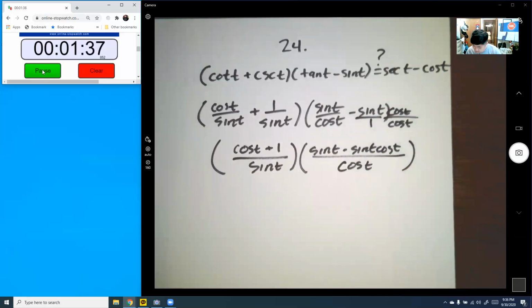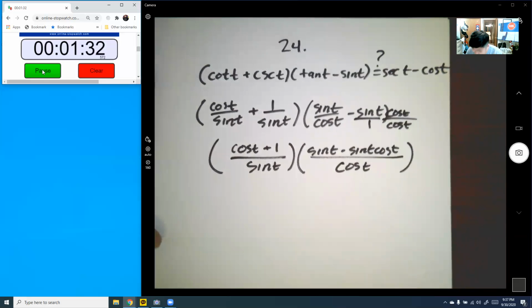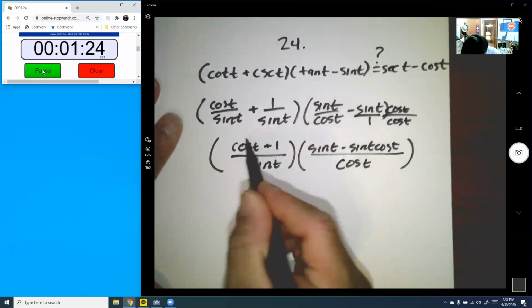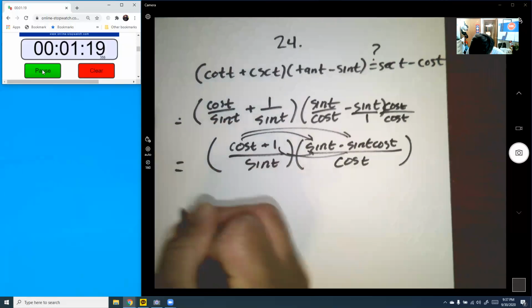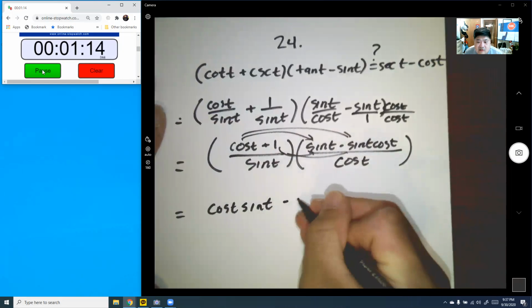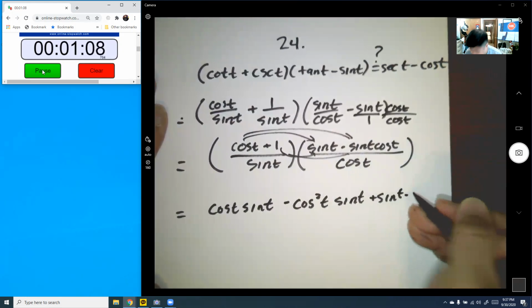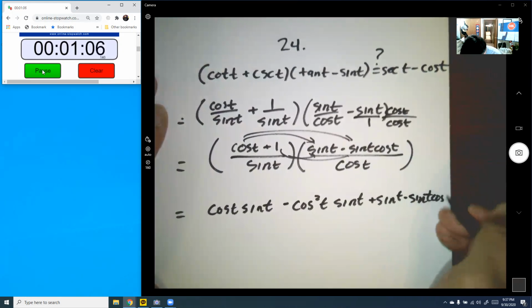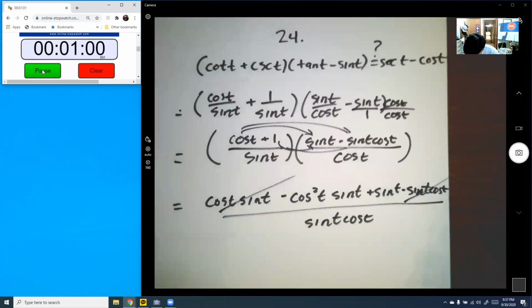This one might be, in my opinion, a little bit more difficult to do. But let's distribute here just to see what we have. So we have cosine of t sine of t minus cosine squared t sine of t plus sine of t minus sine t cosine t, all over sine t cosine t. So the sine t cosine t cancel.